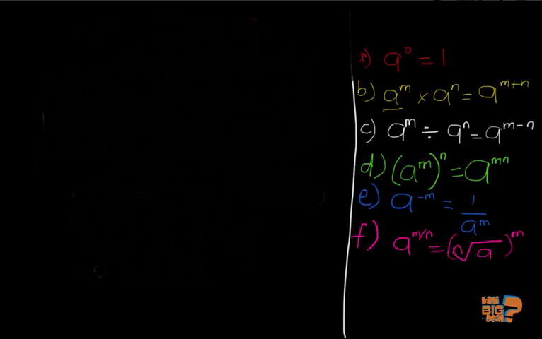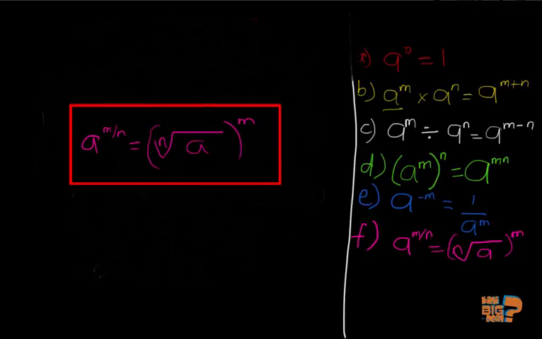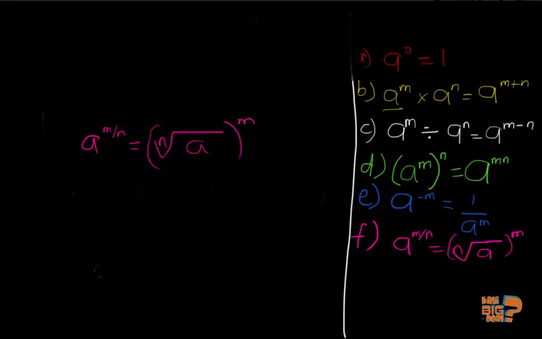Let me rewrite that here. A raised to power m over n is the same thing as n root a, then everything raised to power m. Okay, so the idea is that you see the denominator. The denominator is the one under the fraction.